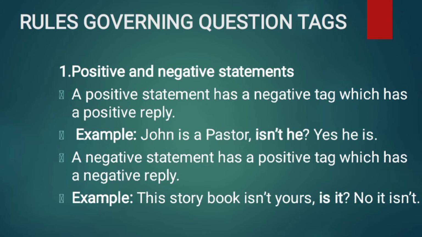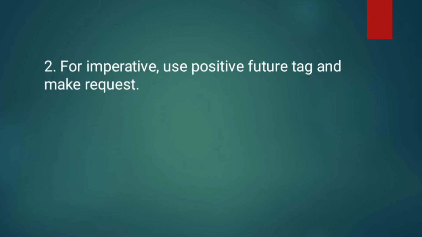Is it? We're not going to put not. We're not going to say isn't it, because we already have the word not in our statement, meaning our statement was negative. Our question tag should be positive. It shouldn't have the word not in it, and this will attract a negative reply, which will say no, it isn't. I hope we're moving together here.